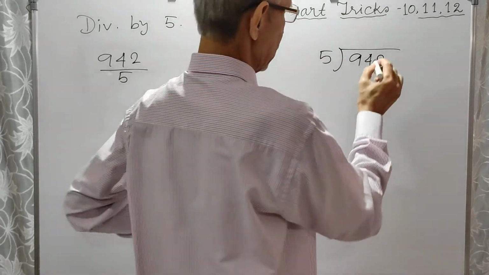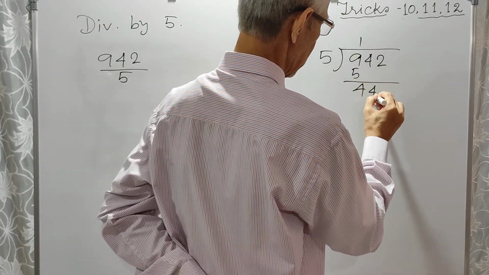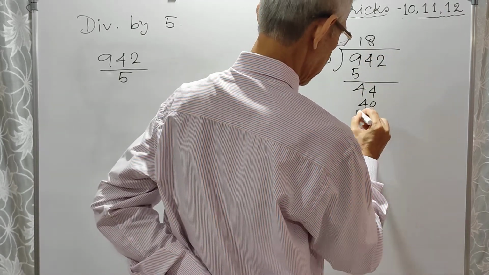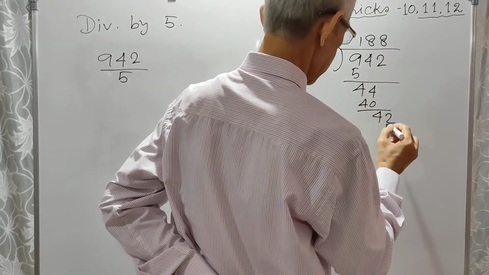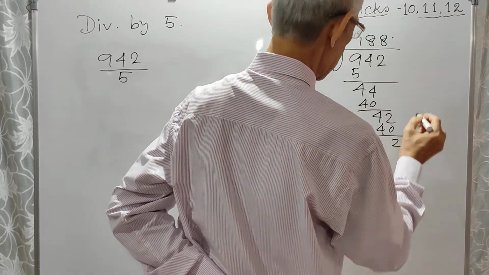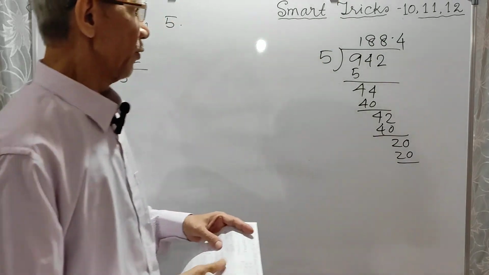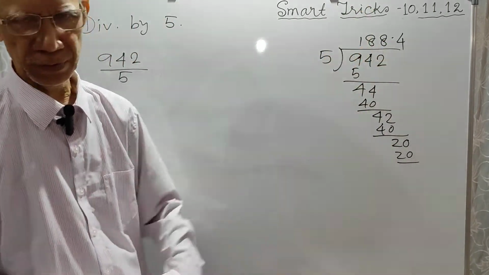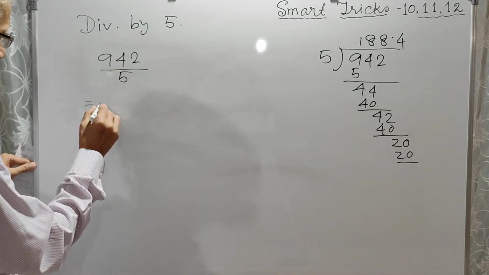So 5 into 1 is 5, then 4 remains, 5 into 8 is 40, then 4, then this 2 comes, 5 into 8 is 40, then 2, so decimal 0, 5 into 4 is 20. See, if you do ordinary long division, it will be this way. The answer will be 188.4. But see how quickly you can do it using this trick.